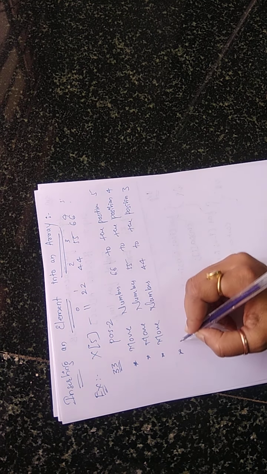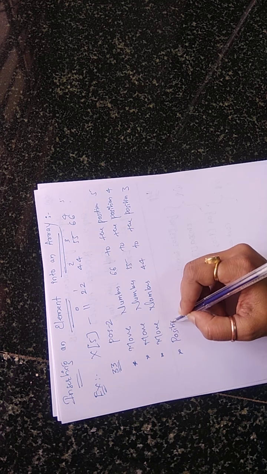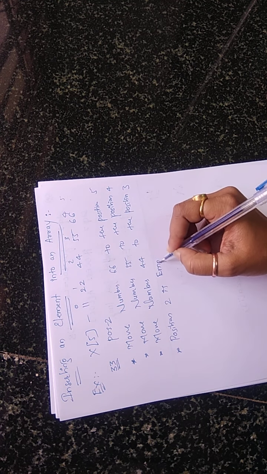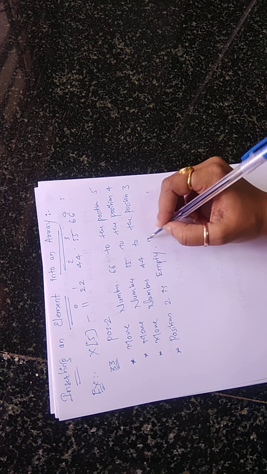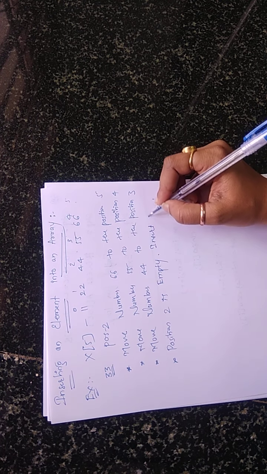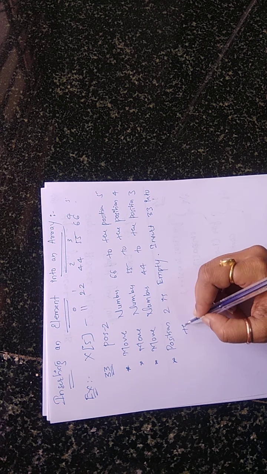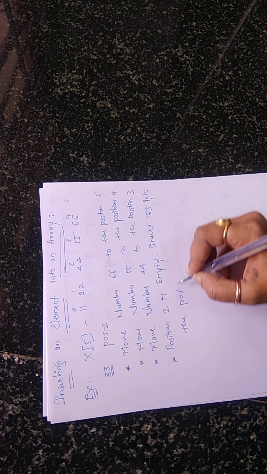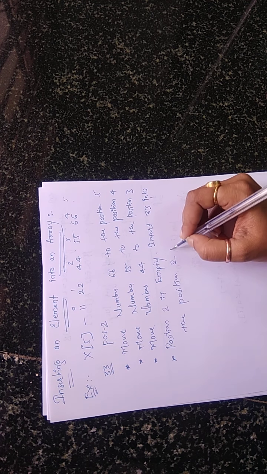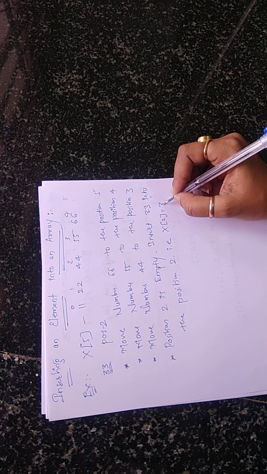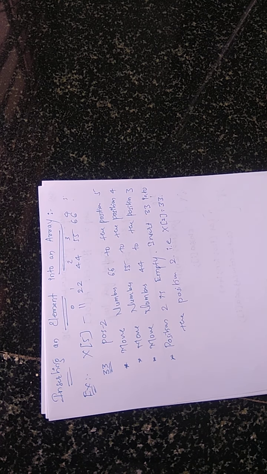So now position 2 is empty, insert 33 into the position 2, that is X of 2 is equal to 33. Done? Like this we have to do it.